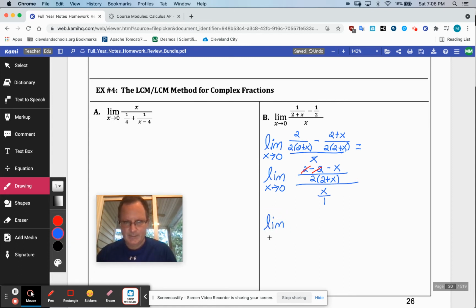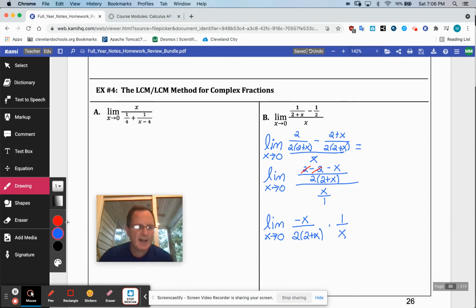So the limit as x approaches 0, that looks pretty good. And I'm going to do the little reciprocal thing. So it's going to be negative x over 2 times 2 plus x, times 1 over x. Now, I do want to say one little thing here.